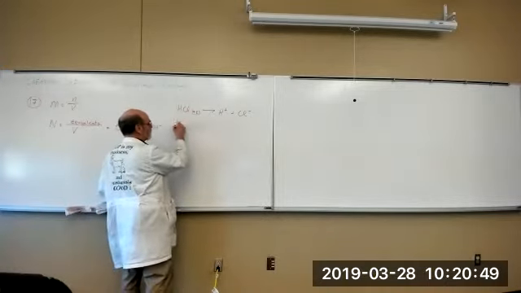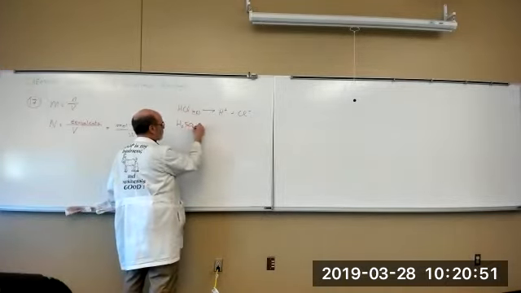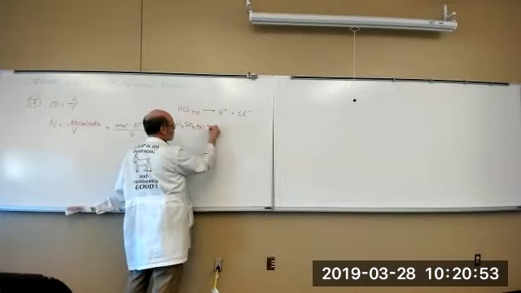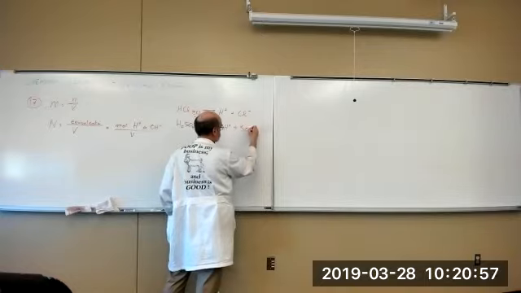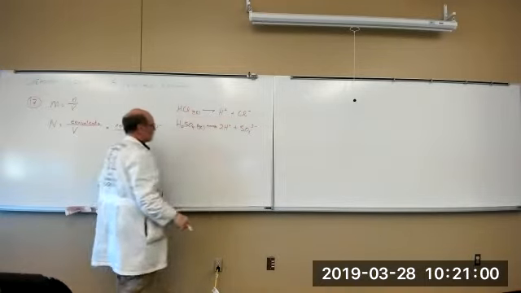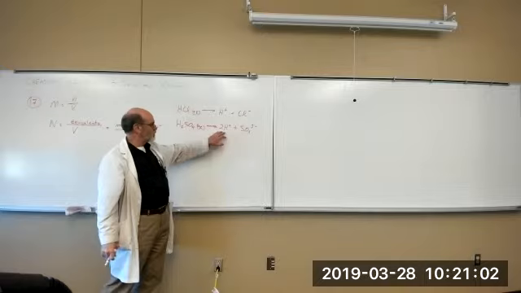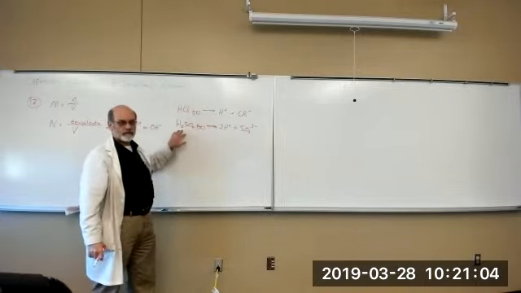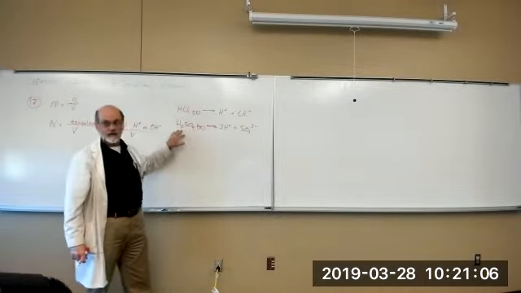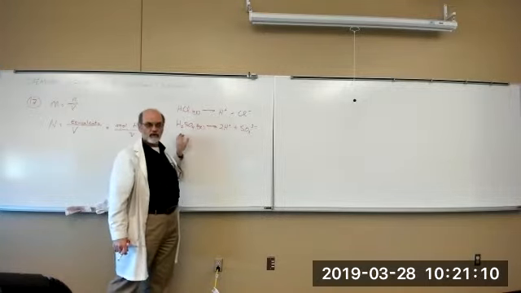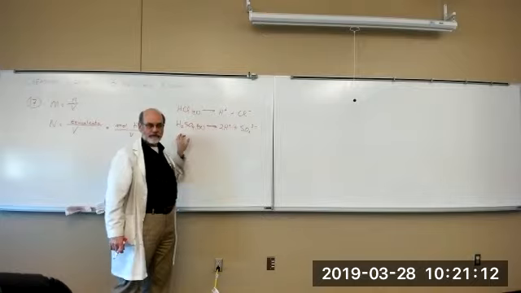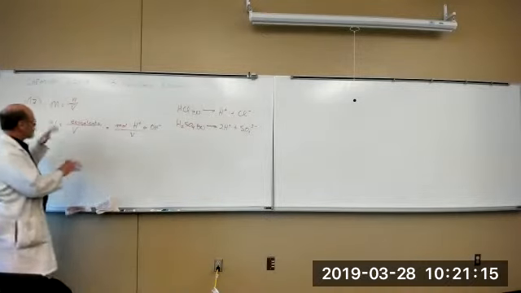If we do this one, you get 2 hydrogens plus your sulfate. This is where you have 2 moles of hydrogen for every 1 mole of sulfuric acid. So this is an acid that gives you 2 equivalents per mole. So what's the relationship?